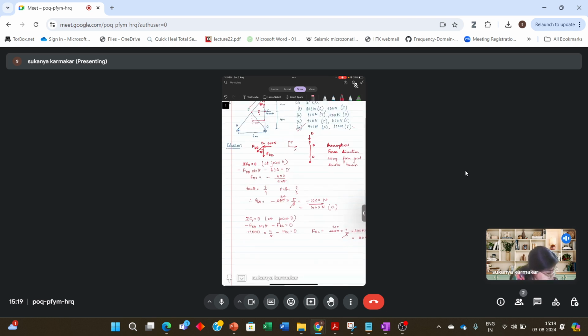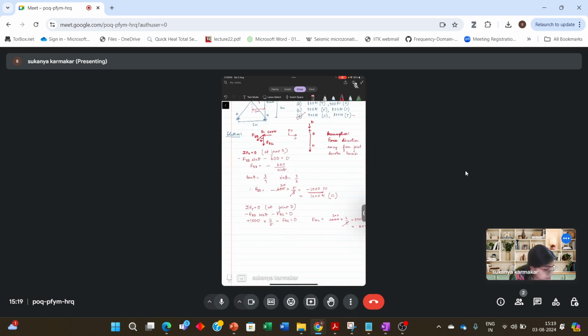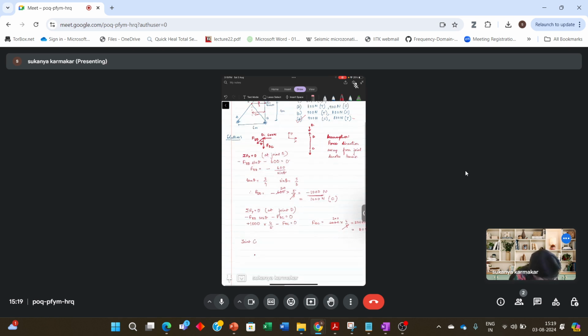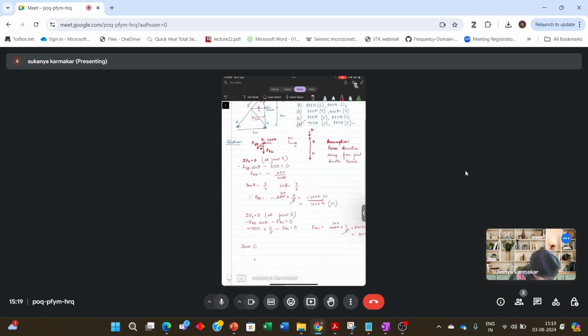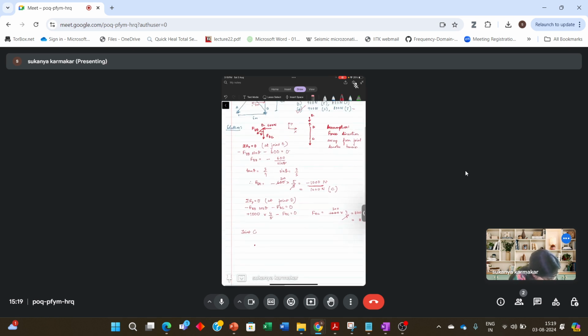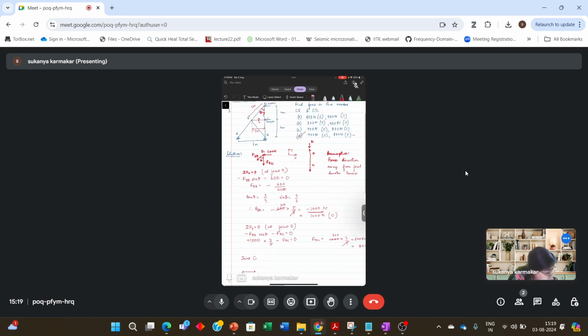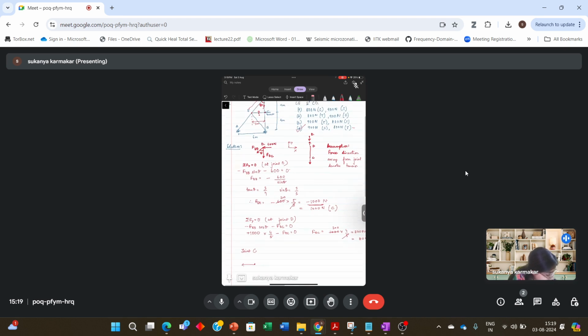So now using the method of joints at joint C, write down the equilibrium equation at joint C. This is the joint C. So let's take again force in tension to be positive.